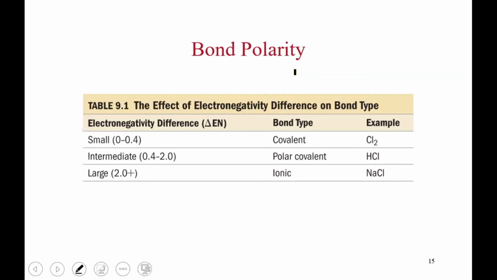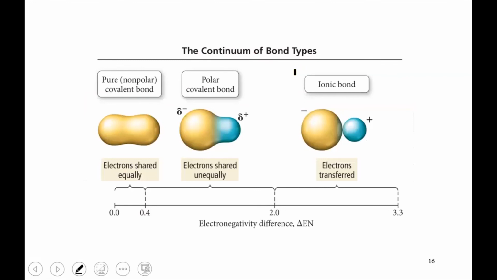Remember, in the previous approach that we had, we simply said, well, if it's a metal and a non-metal, it's ionic. If it's a non-metal, it's covalent. But now we have a more nuanced type of scale, and you can see it on the next chart. As you can see, the electronegativity difference runs in a range from 0 to above 2.